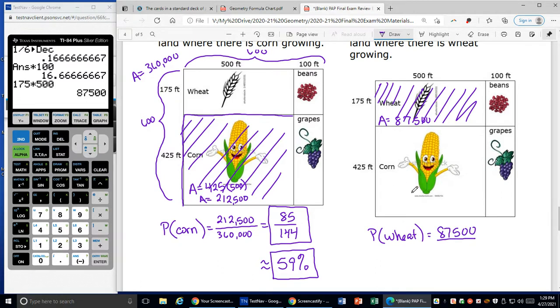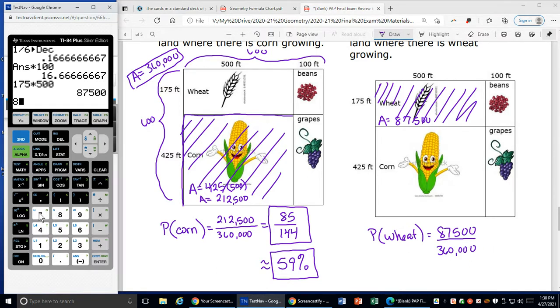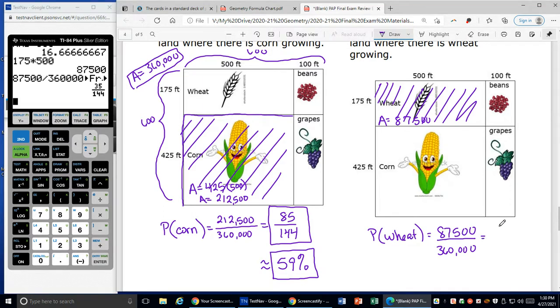Over the total field, which my dimensions are the same in each of these problems, so I can use my area from the last problem, 360,000. So 87,500 divided by 360,000, math, fraction, enter, is 35 over 144.